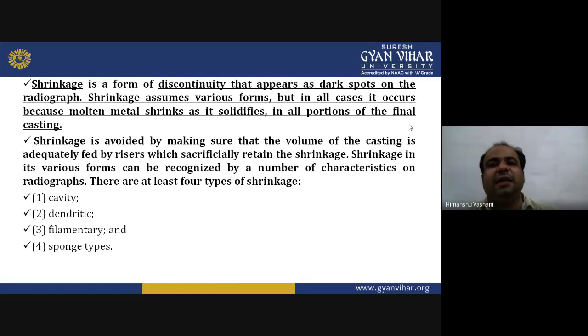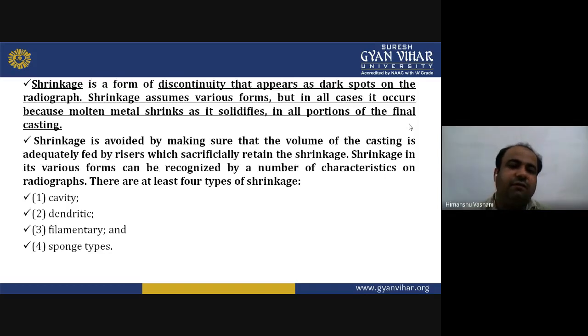So you can see these are dark spots on the radiograph. How is it avoided? Shrinkage is avoided by making sure that the volume of the casting is adequately fed by risers, which sacrificially retain the shrinkage. Shrinkage in its various forms can be recognized by a number of characteristics on the radiograph.